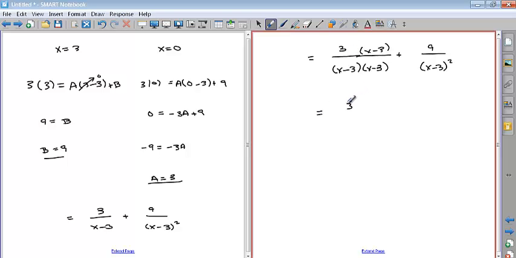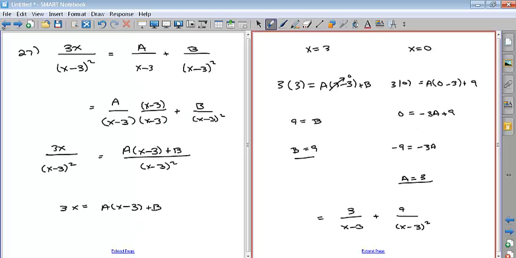So what we'll get is 3x minus 9 plus 9, all divided by x minus 3 squared. See, the 9's cancel out, and you're left with 3x over x minus 3 squared, and that's what we had initially.